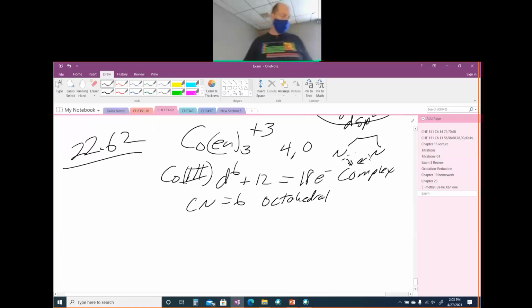So on this one, you would need a chart. You would have a maximum absorption at 470. What color do you expect from this ion? All right, so again, you got to go to the chart.